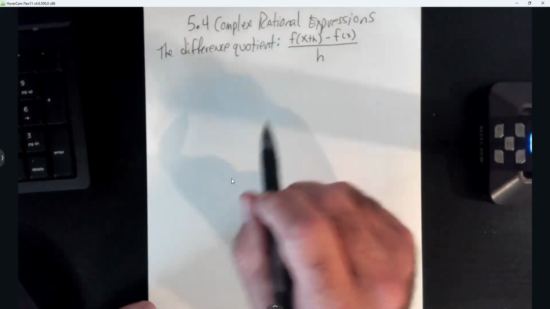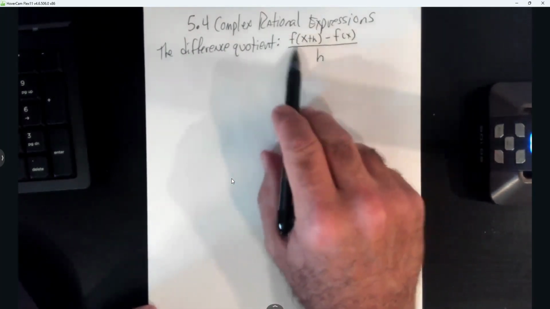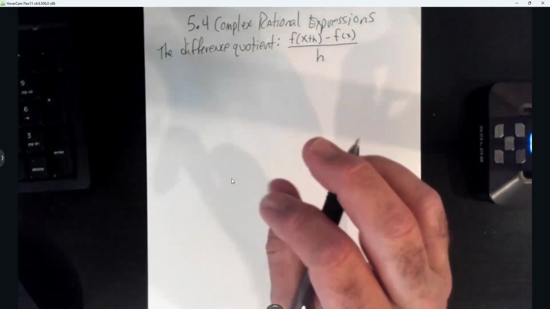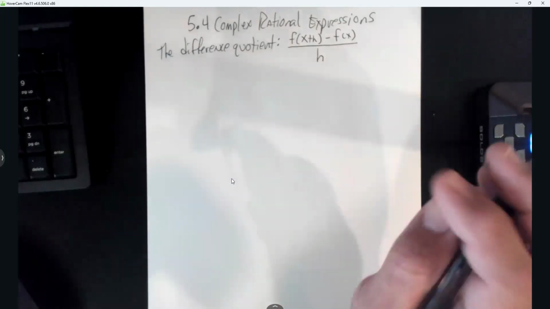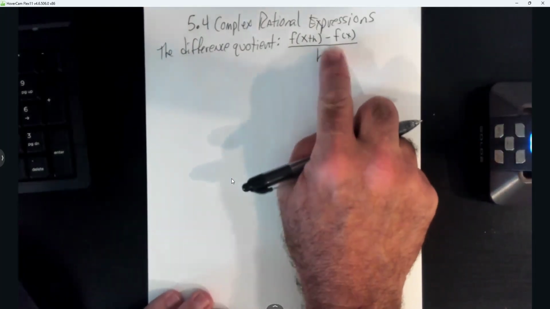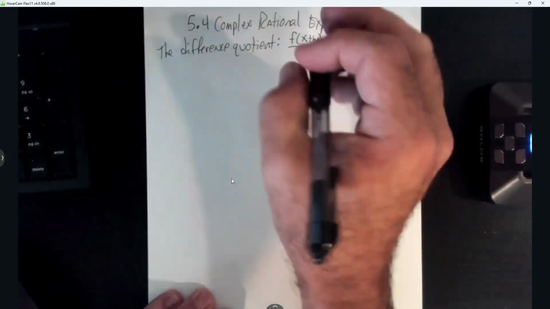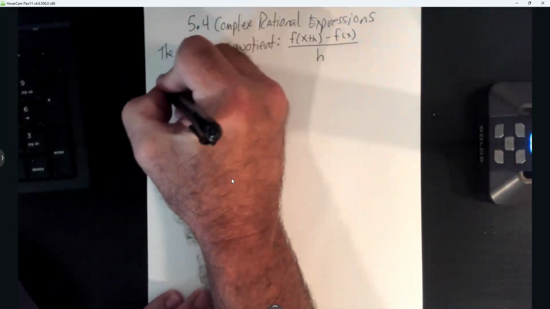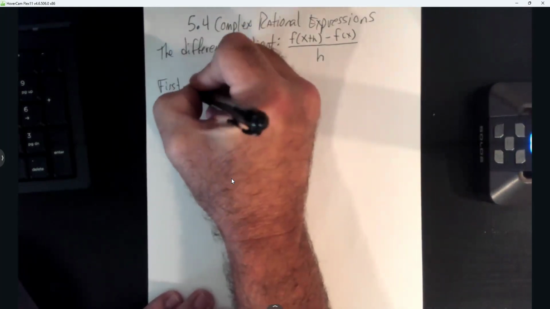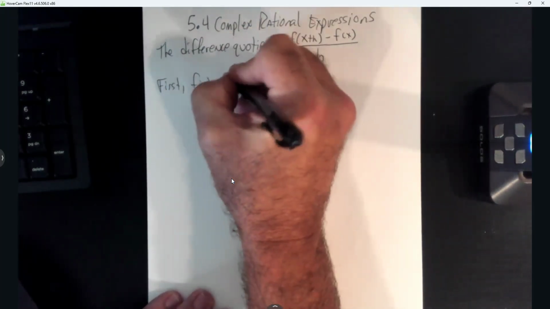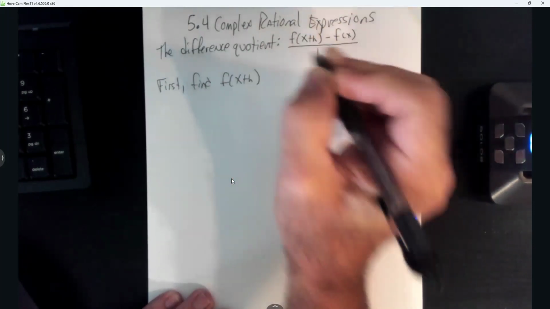But this one works with curvy lines, straight lines, all that fun stuff, okay? So when you're using this formula, the first thing you're going to do is find what f of x plus h is. So first, we find f of x plus h.